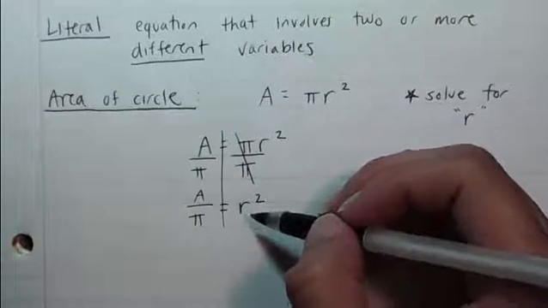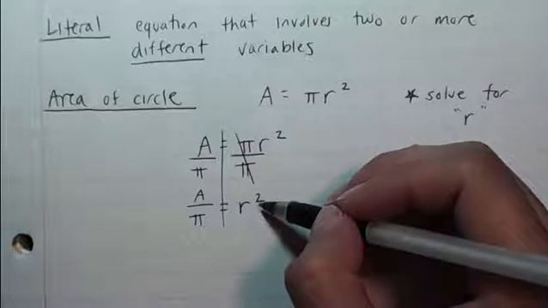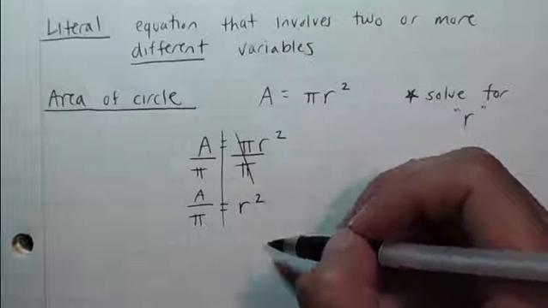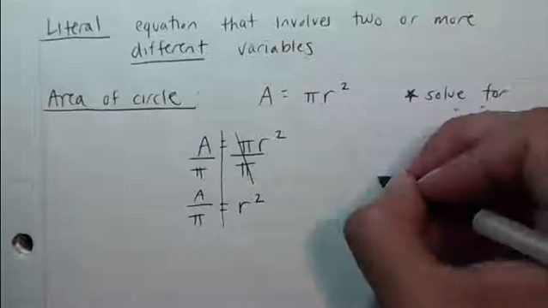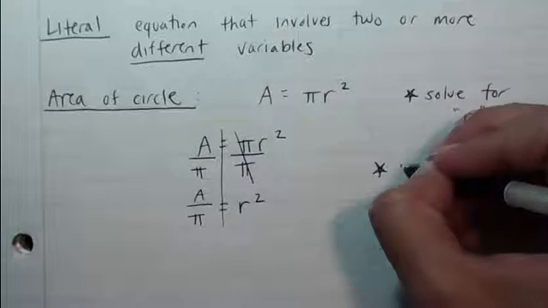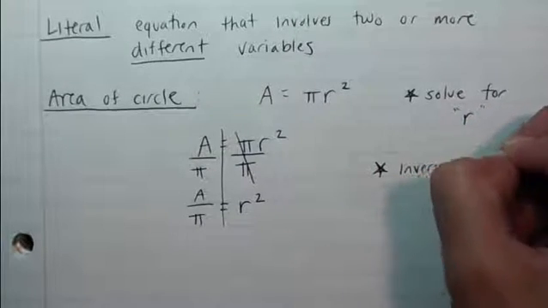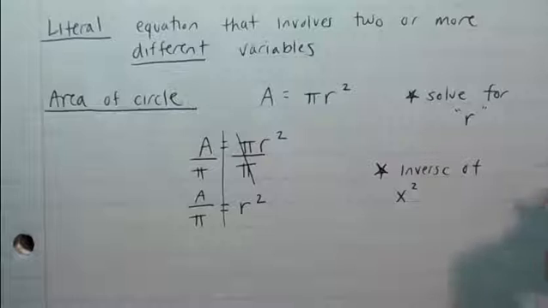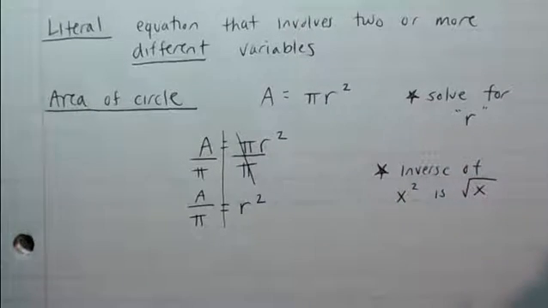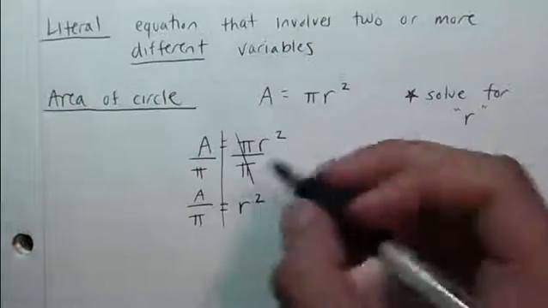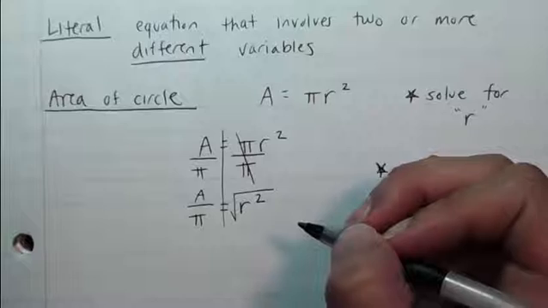But I want r, not r squared. Who knows the inverse operation of something that's squared? What's the opposite of squaring something? Put a star by this. The inverse of something squared, so let's say x squared, is we take the square root of that. And you should have learned that with the Pythagorean theorem last year. So, to get rid of that square, I'm going to go ahead and square root that side.